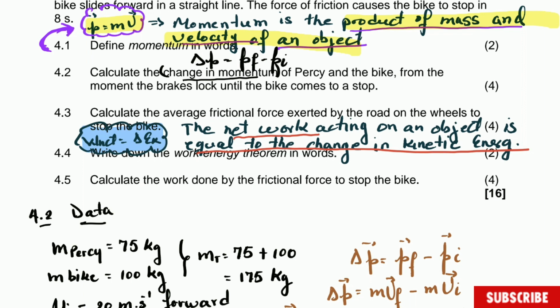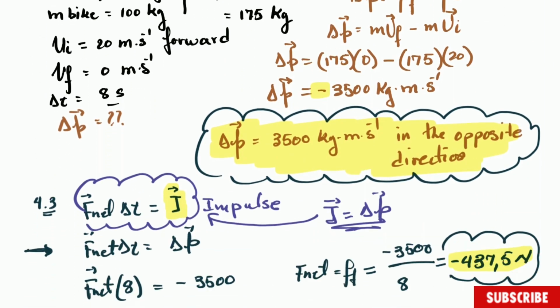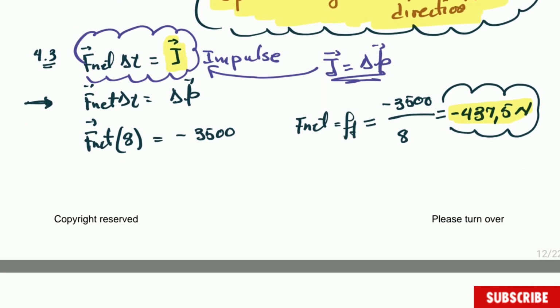Calculate the work done by the frictional force to stop the bike. To answer this one, we are going to be using the work energy theorem. It's very simple. We're going to start with the work energy theorem, because the only force acting there that does work is the frictional force.